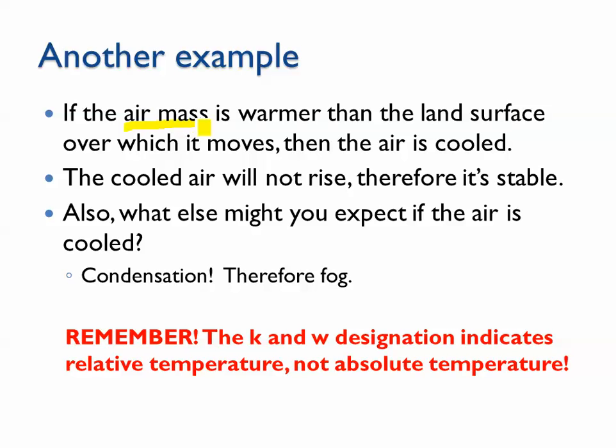Another example, our air mass is warmer than the land surface. So this might happen with moist tropical air moving over the southern United States out of the Gulf of Mexico when the land is cooler during the winter. So the air cools, it's not going to rise, so therefore it's stable. But if you're cooling air, what's going to happen? You're going to have condensation, right?